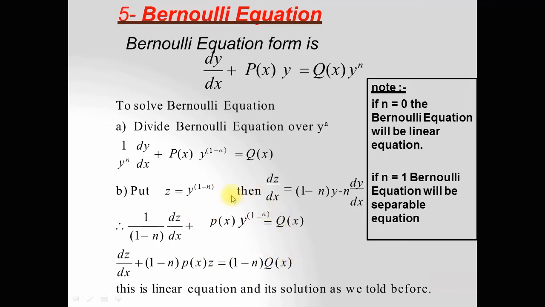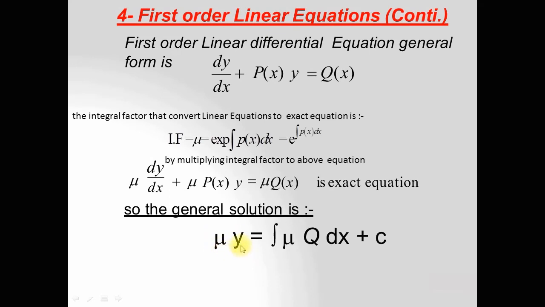So dear students, using some substitutions we can transform the Bernoulli equation into a linear form, and then we can solve this equation easily by this formula: integral factor multiplied by the dependent variable is equal to integration of the product of integral factor and the Q function with respect to x plus c.